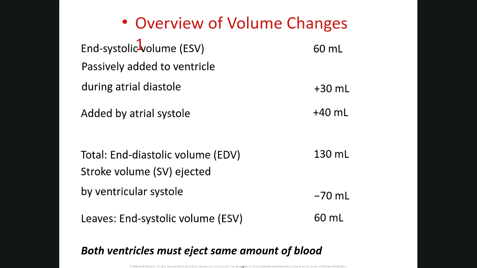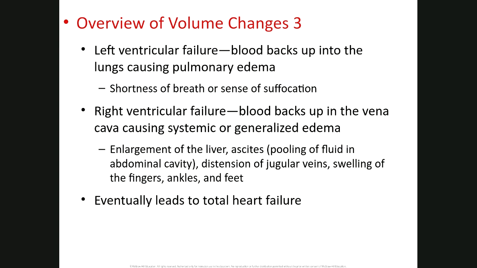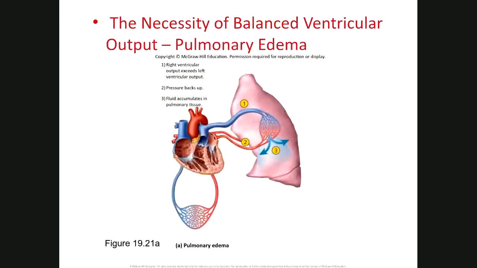Now, let's turn the table. Instead of weak, failing hearts, let's consider a heart that is overpowerful. Overpowerful, huh? So now, let us check this out. What if the left ventricle, well, no, let's start with the right.